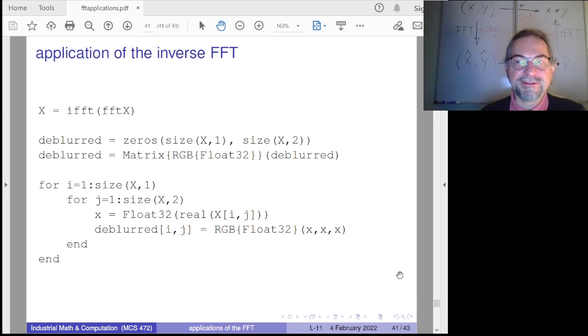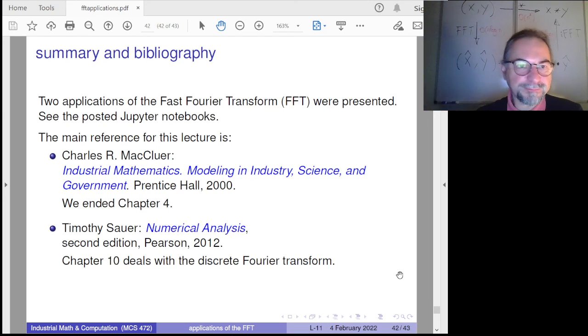So we ended here with the blurring. So what have we done? We have presented two applications of the fast Fourier transform, and we ended chapter 4 in the textbook that I'm following. So the blurring of images, I got the idea from the textbook.